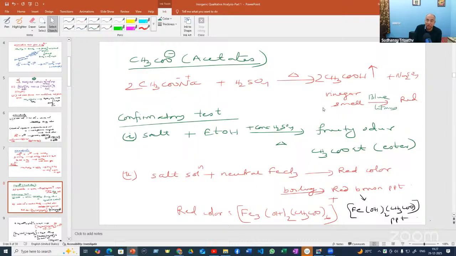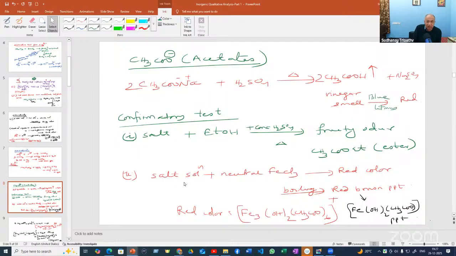In fact, salt solution with sulfuric acid, that's acetic acid, any carboxylic acid produces a red color with ferric chloride. And that red color, I'm sorry, a reddish brown precipitate is due to this complex, dihydroxo acetato iron(III) complex.